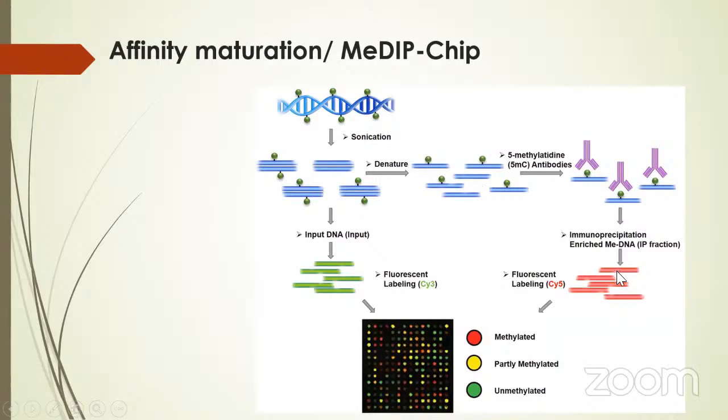Then we trap it, fluorescently label it and see the chip. Whenever there is methylation, there will be red color. If there is partial methylation, there will be yellow color, and unmethylated will be green. So this kind of technology can be used to identify where the methylation is and how much methylation is there, whether it is partially methylated or unmethylated.